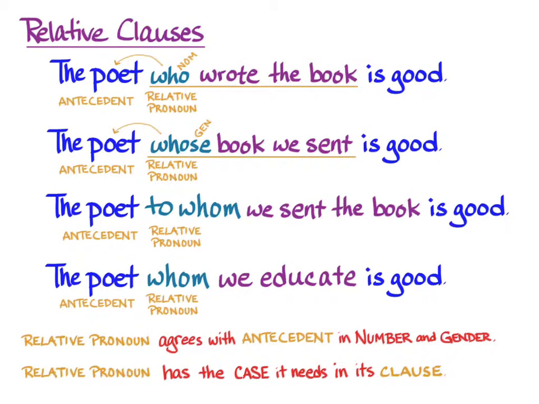Again, the poet is the antecedent in the next sentence, but this whom would be dative in Greek because it's the indirect object in its clause, to whom we sent the book. Finally, in the last example, we still have the poet as antecedent, and the whom would be accusative in Greek because it's the direct object in the clause, whom we educate.